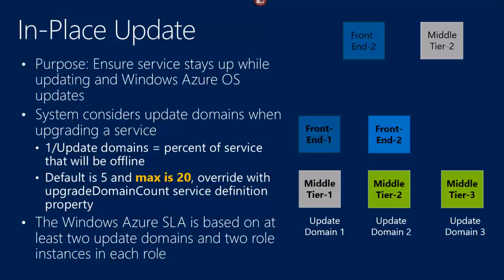Our SLA is based, again, on you having at least 2, because these update domains aren't just for you pushing out updates to your application. We also honor the update domains when we roll out operating system updates underneath and have to reboot the servers. We do it such that you don't have VMs from more than one update domain down at the same time.